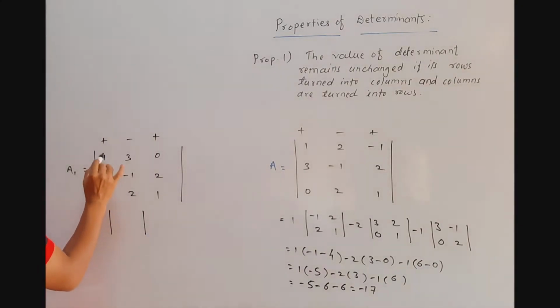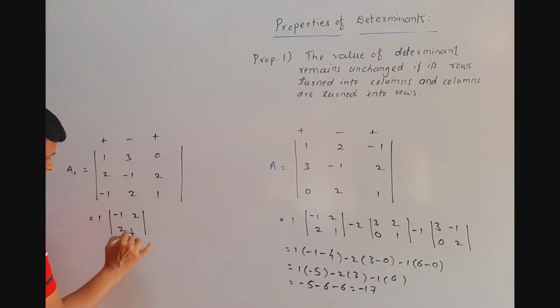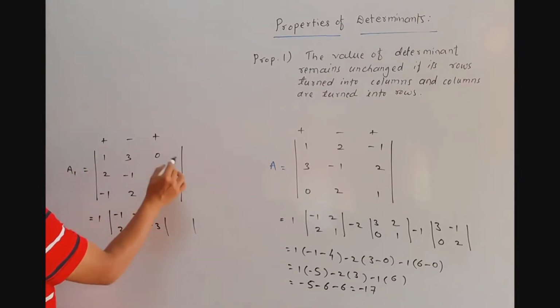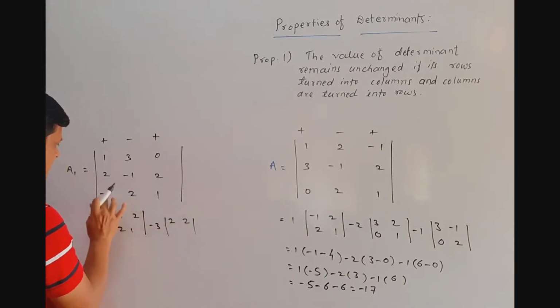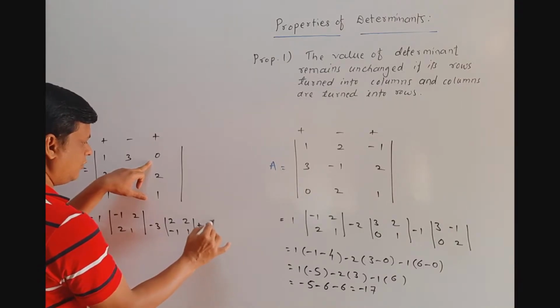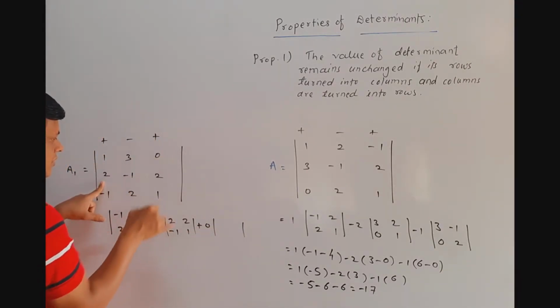For this one we skip first row first column, so write the elements of this determinant as minus 1, 2, 2, 1. Then minus 3 in a determinant, we skip first row second column, so write 2, 2, minus 1, 1. Then plus 0 in a determinant, we skip first row third column.